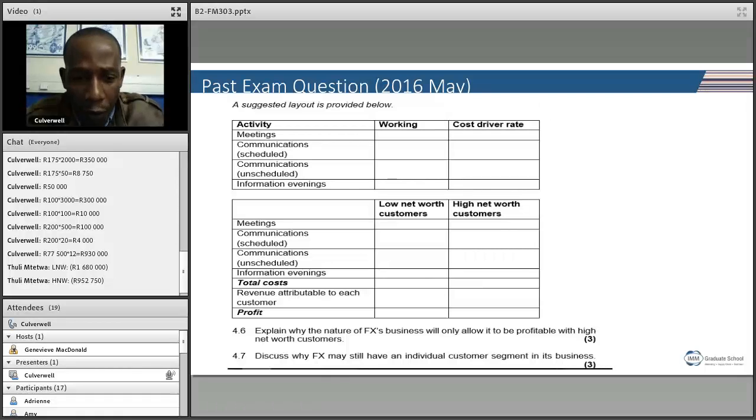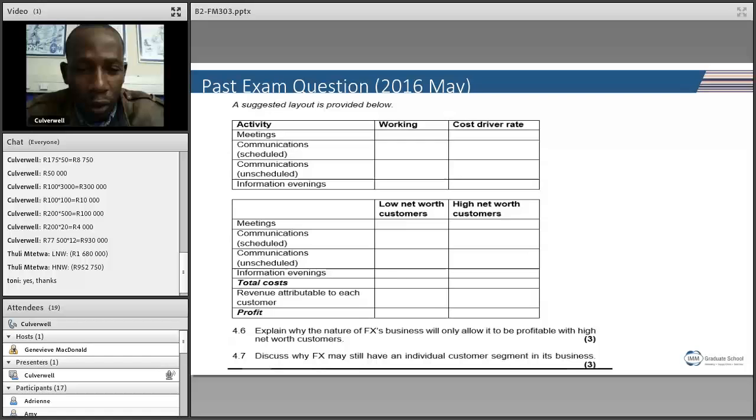Just before we go to the interpretation, did I lose someone, guys, on how we showed the working, the cost driver rate, how to then allocate the cost to these two customers using activity-based costing, and also inputting the revenue element to calculate the profit? Are we all together there?